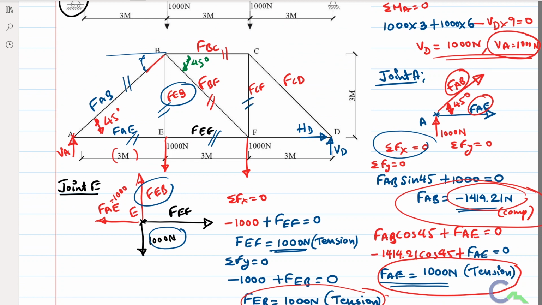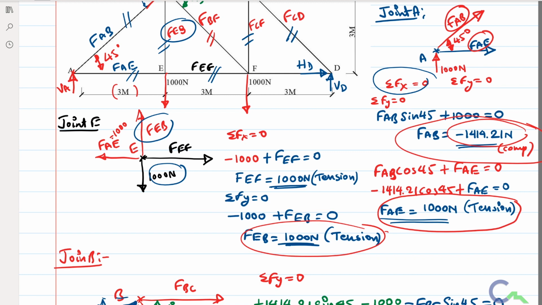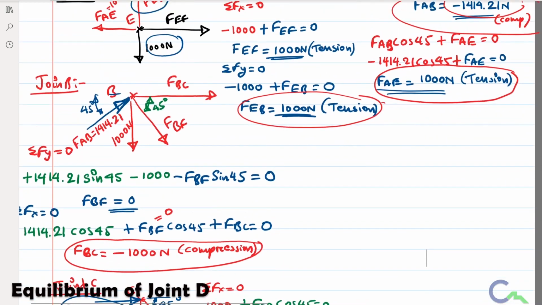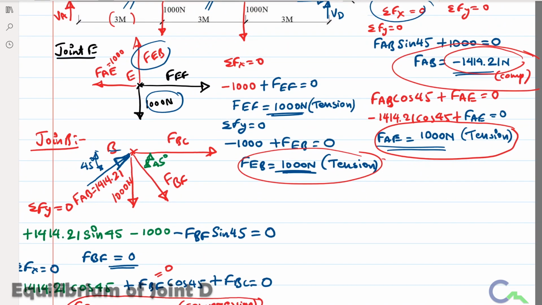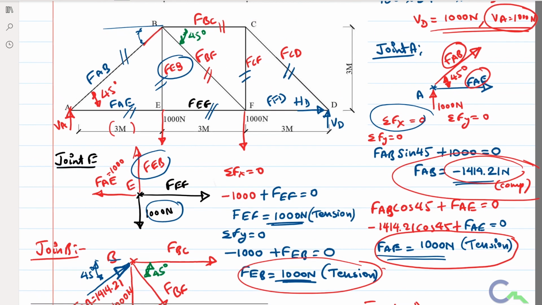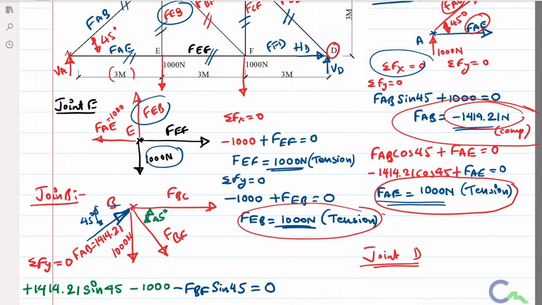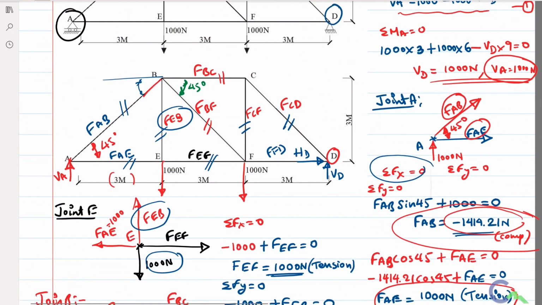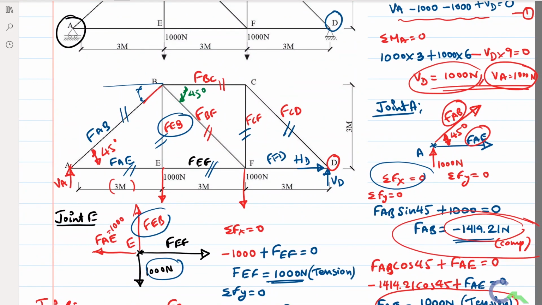So I completed FCF and FCD. The last remaining force, that is FFD. So for that I am going to consider joint D. So I am going to take joint D here. If I consider joint D, so one VD is acting. VD we calculated in the first step. We got 1000 acting upward.